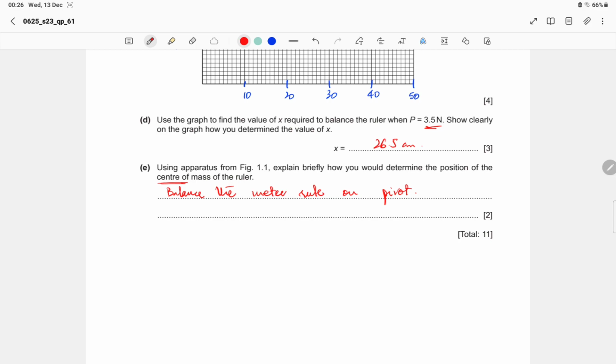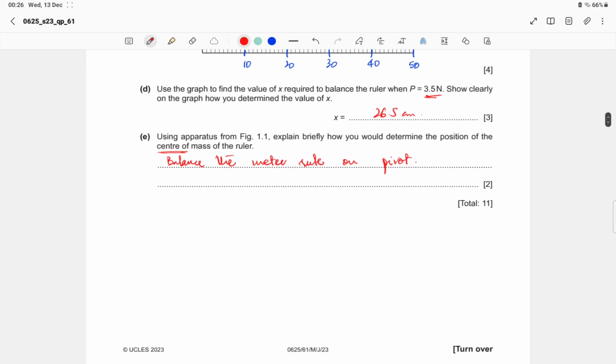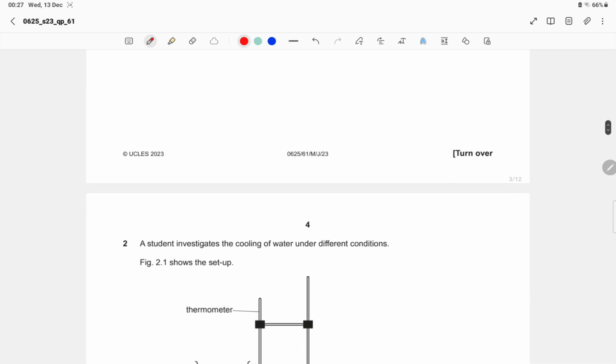If you balance the meter rule on a pivot, and the clockwise moments and anti-clockwise moments are the same, then that point is the center of mass. Or you can say that if the object is in equilibrium, the pivot will be at the center of mass. Okay, moving to the next question.